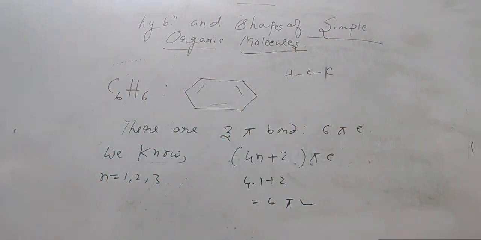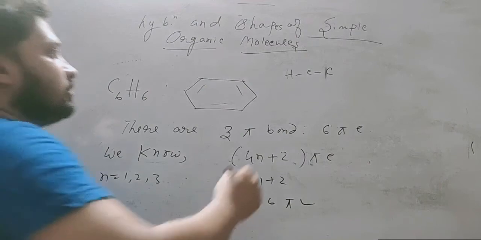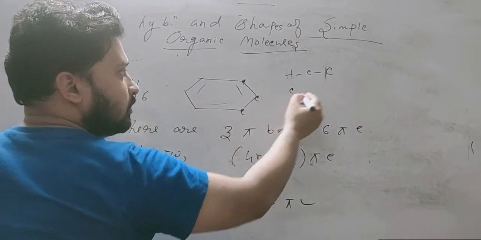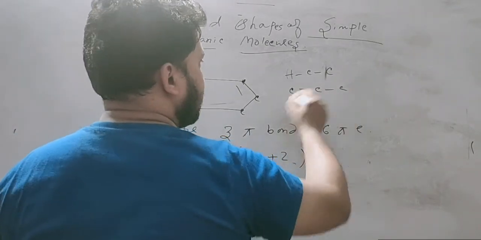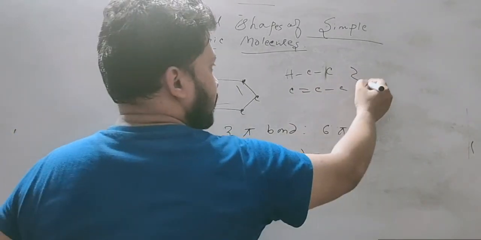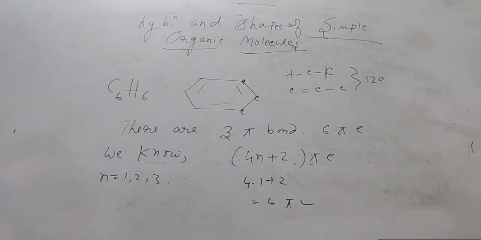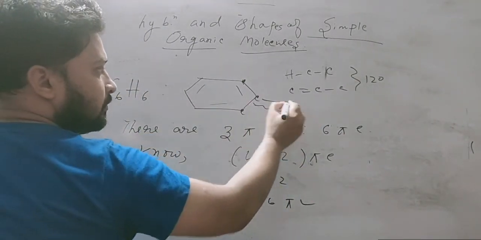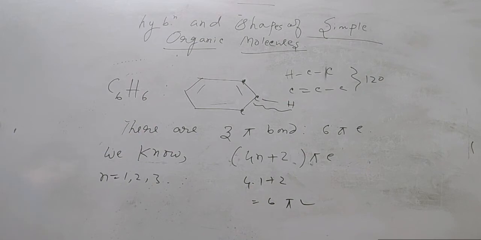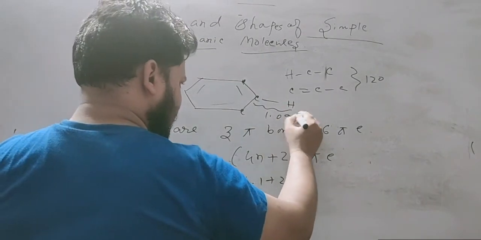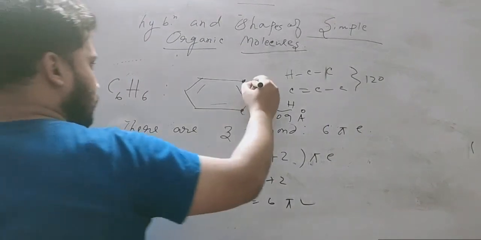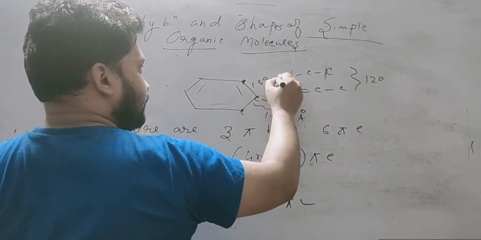And the bond angle between carbon double bond carbon, single bond carbon, is 120 degree. The bond length between carbon and hydrogen is 1.09 angstrom, and between carbon and carbon is 1.39 angstrom.